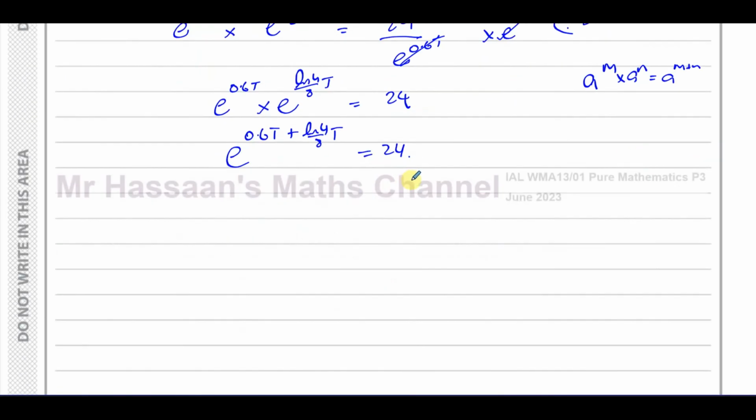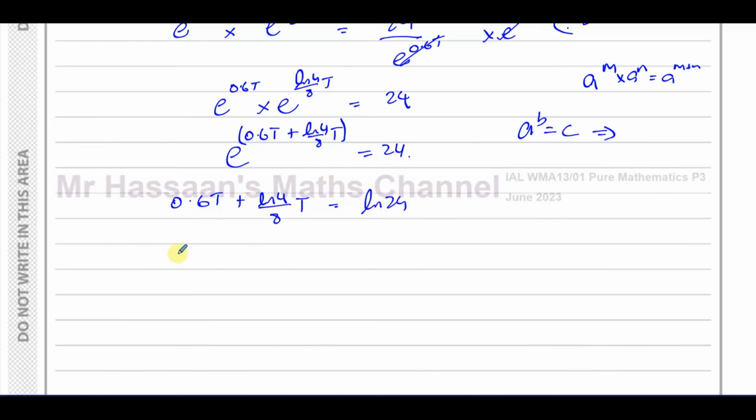Now, this whole thing is e to the power of all of this. So we can use the fact that a to the power of b equals c can be rewritten; we can take the ln of both sides. If we take the ln of both sides, we're left with 0.6T plus (ln 4 over 8) times T is equal to ln 24.